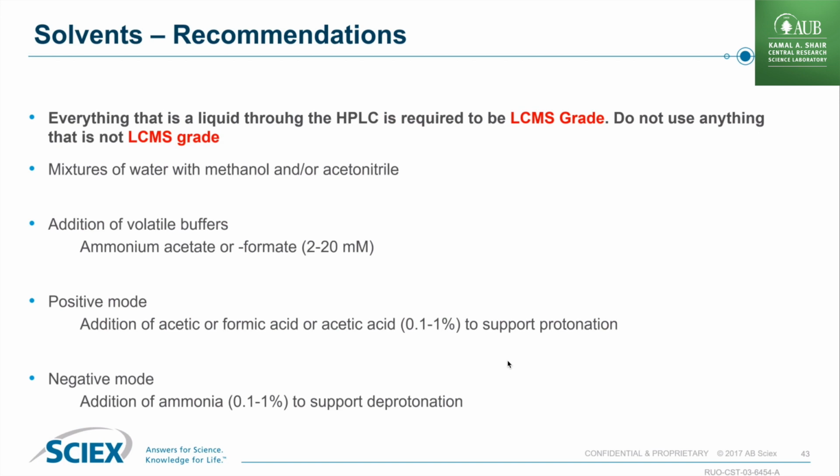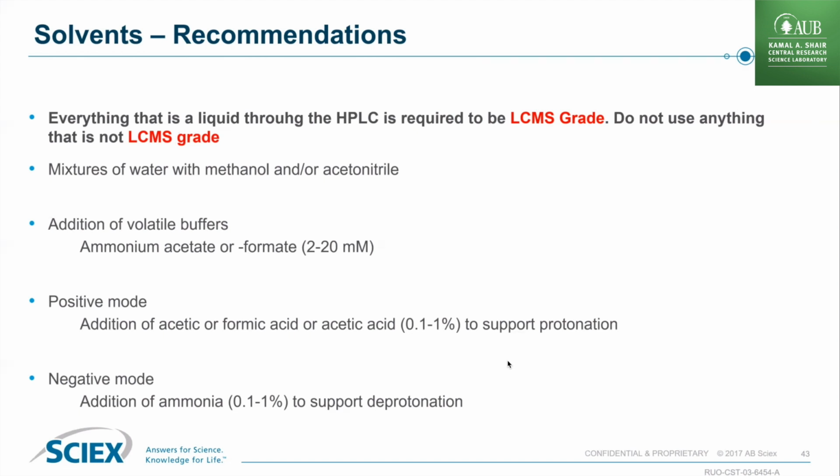Don't buy more than 50 grams, because it's basically expired after 2 or 3 months. It doesn't make sense to buy something like a kilogram because it'll go bad before you can use it. Again, this is all readily available from many different suppliers that sell ammonium acetate or ammonium formate in LCMS grade.